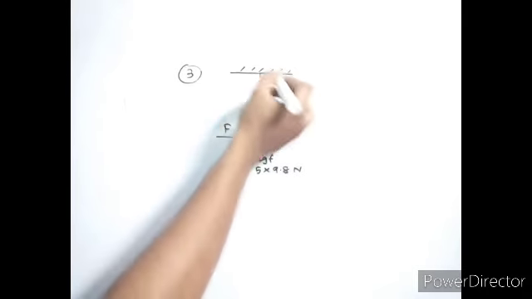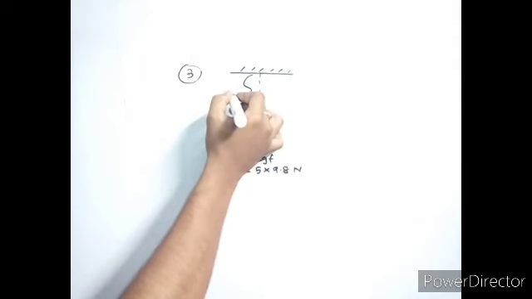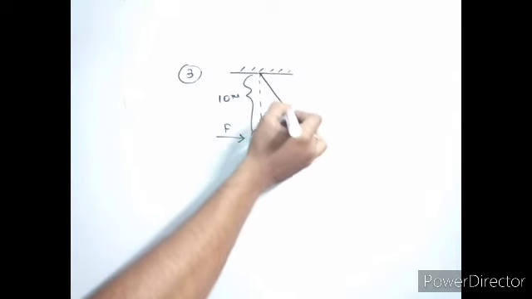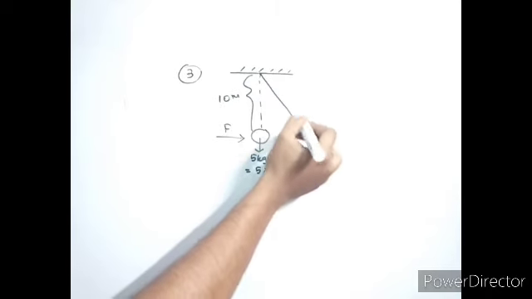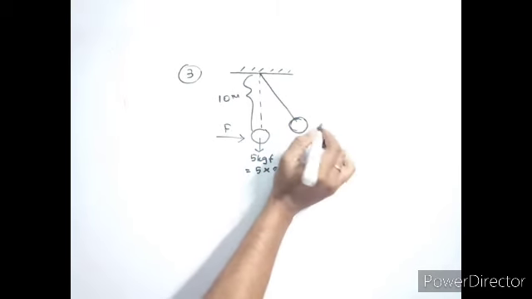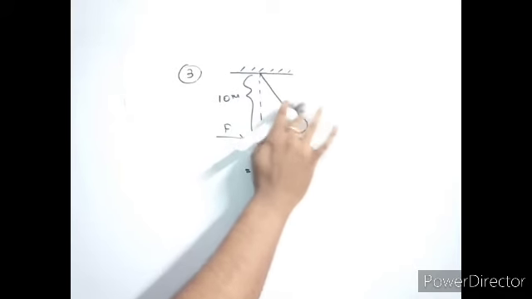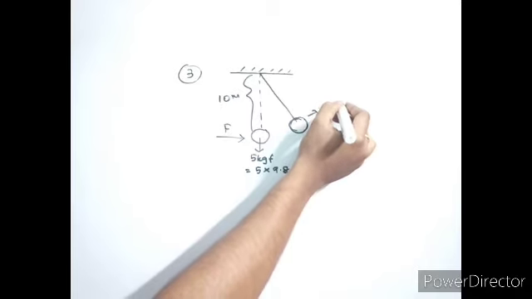Now this is acted upon by a force such that, and the point of suspension from which this mass is suspended, the string is 10 meters long. Now a force is applied such that it displaces to a certain point where it lies in equilibrium.